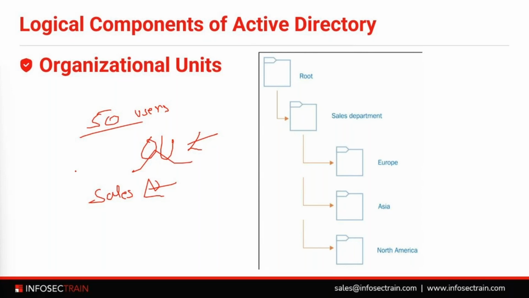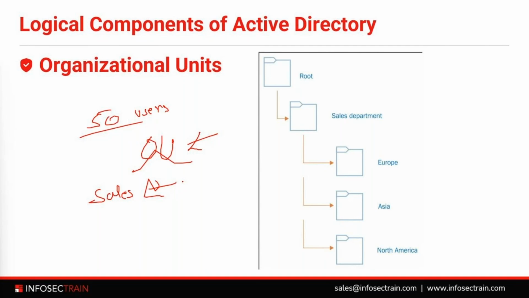So you have to go to every single device and block them or implement the policy. You have to implement the policy in every single device. So that's why you have to do the work 50 times. Instead of that, what you did, you created an organizational unit, implemented the policy on the OU.